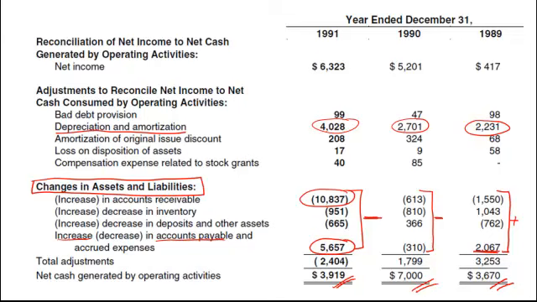It's positive, with a nice jump from 1989 to 1990, from 417,000 to 5,201,000, and a smaller but still nice increase from 1990 to 1991, from 5.201 million to 6.323 million. So overall, net income increased from 89 to 90 and from 90 to 91.